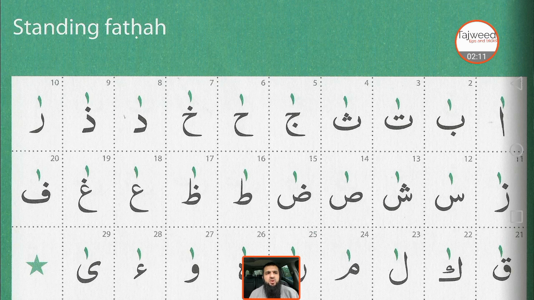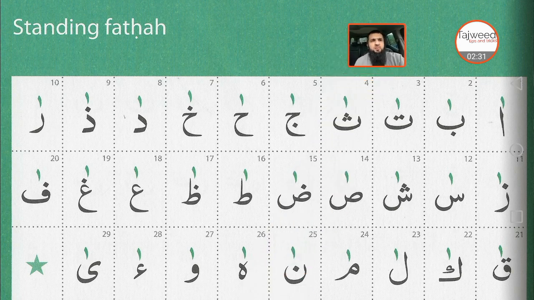We're on box 21 now. Qaf is full mouth, so it's Qa. Ka, La, Ma, Na, Ha, Wa, A, Ya. Sorry, this guy's in the way, isn't he? Okay, so that's the sounds.